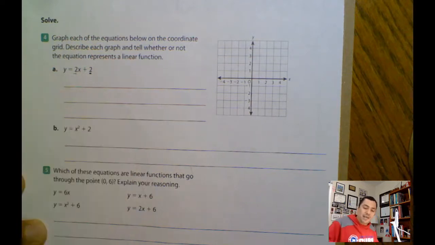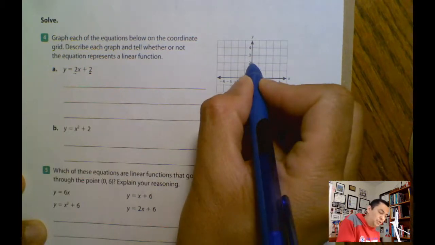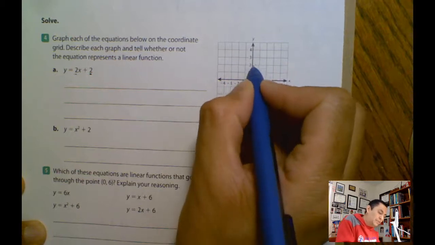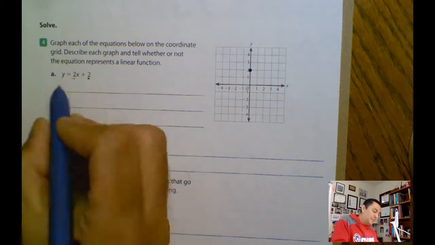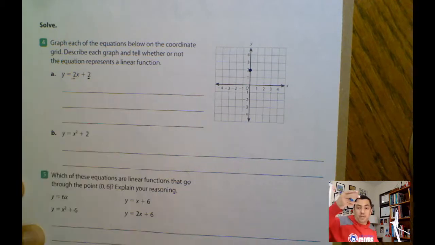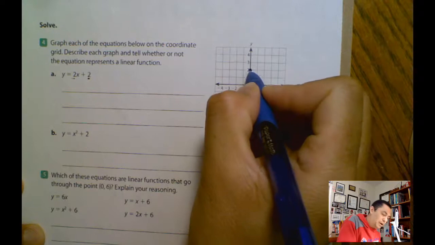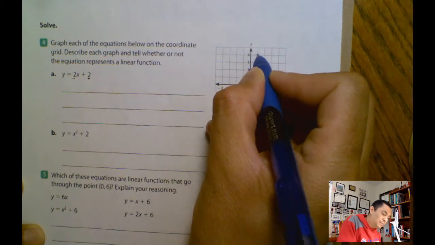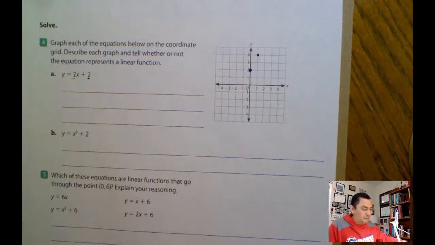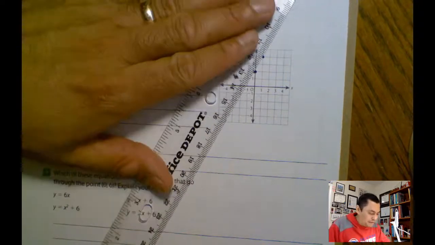So that means I'm going to start at 2, see, y is going to be 2. The rate of change means you go up 2 units and to the right 1. And then you graph that one. I'm going to graph it here.